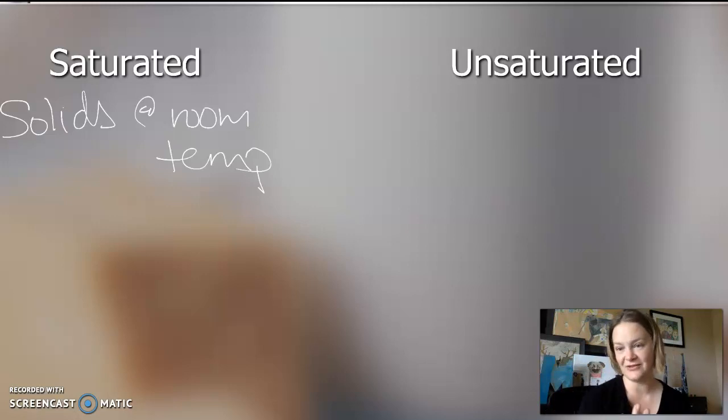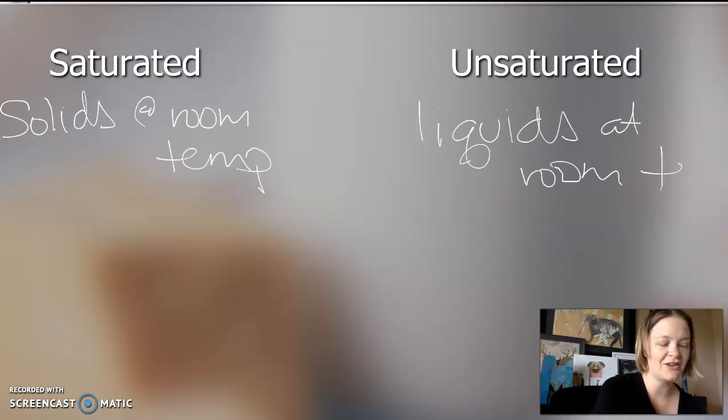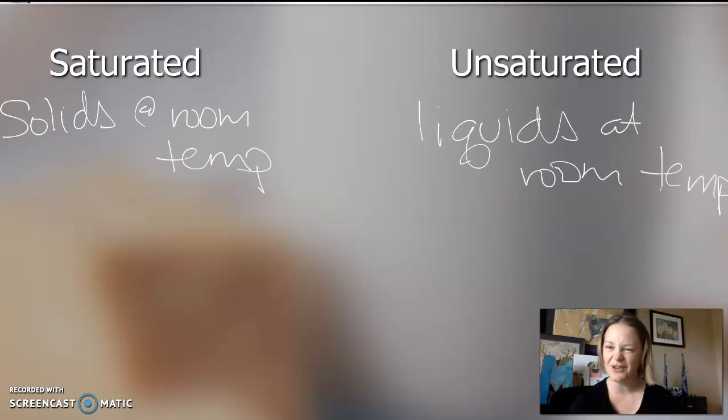That's what a saturated fat looks like. Think of butter as an example of that. Unsaturated fats are usually liquids at room temp. So picture olive oil, even coconut oil is a solid, but as soon as it gets just a tiny bit of warmth to it, it turns into a liquid for you.